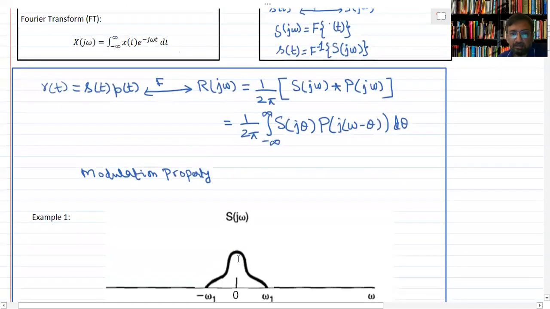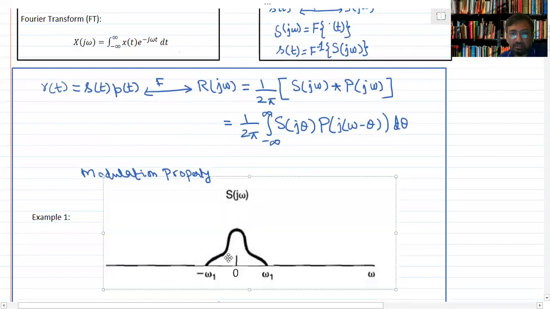So here we have a signal S(jω). The spectrum is located around lower frequencies. The spectrum is centered at 0 frequency, and we are assuming that ω1 is not very high. Now we want to shift this spectrum to some other frequency band.